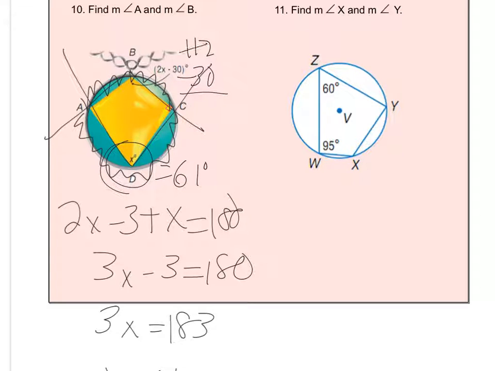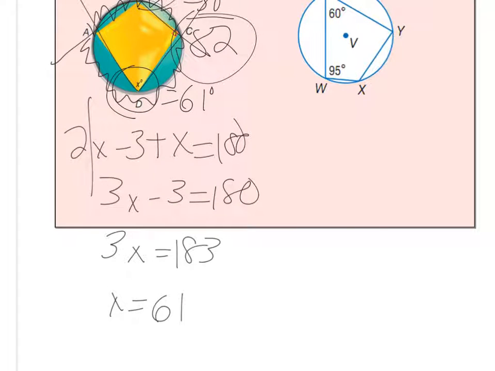So that's going to be 282. Wait. 112 minus 30. Yeah, it should be 82. But 82 and 61 don't add up to 180. I'm sorry. I apologize. I messed up. This should have been 2x minus 30, not 3.